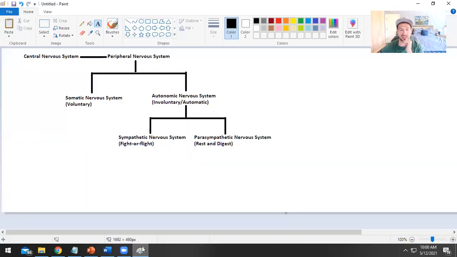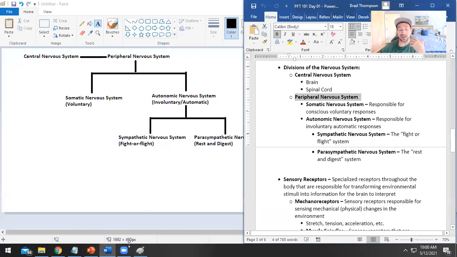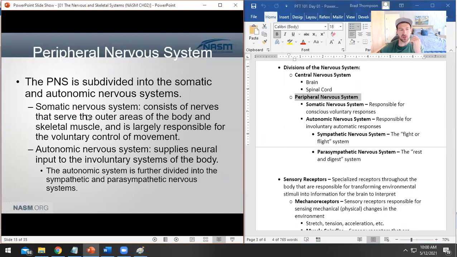Like I said, it's going to divide into the somatic division, that's your voluntary movements, and the autonomic division, that is your involuntary movements, right? So the somatic nervous system covers areas of the body that are largely responsible for controlling skeletal muscle, right? Controlling muscles that are actually going to move your body around.